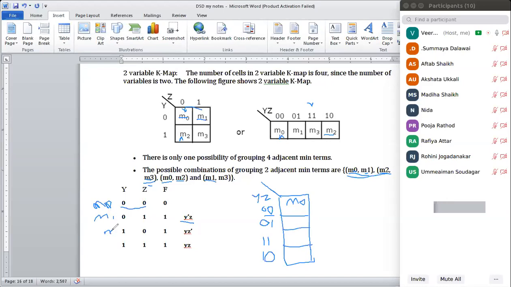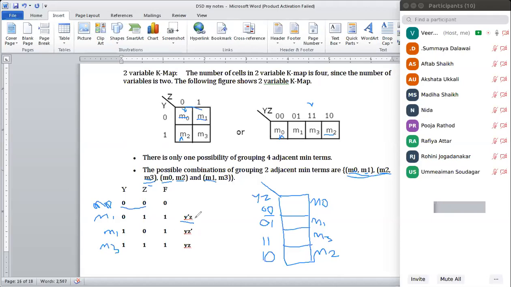This is M2, this is M3. So 00 is M0, 01 is M1, 11 is M3 and 10 is M2. Okay, 4 cells I have.